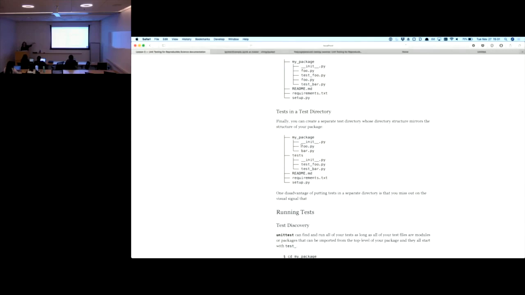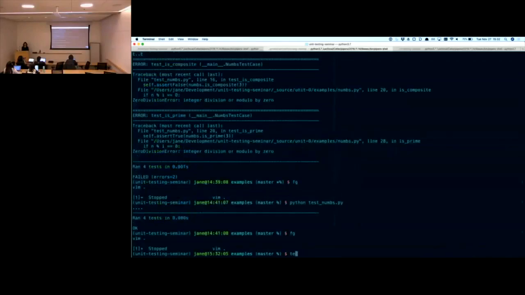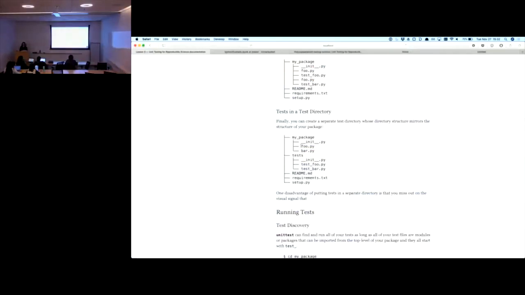This diagram is called a tree, by the way. Macs do not come with the tree command, but you can install it. It's very helpful. It works like this. I prefer it to ls because it will show you all the levels of nesting. I did not finish that sentence, and I apologize.